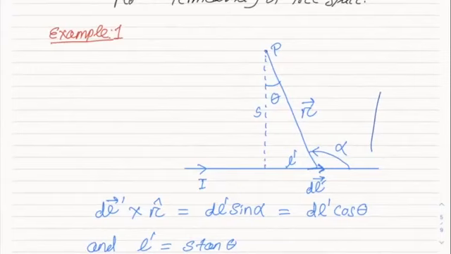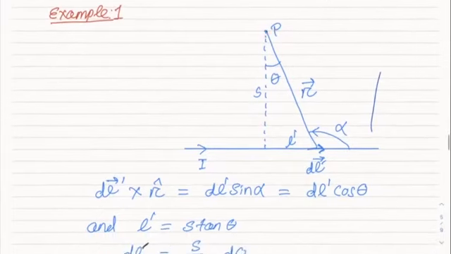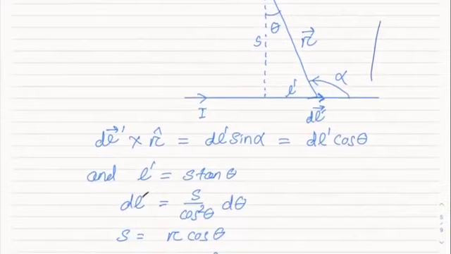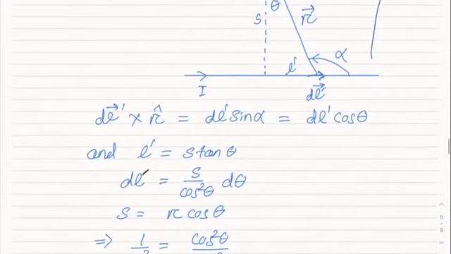So here it will be out of the page, here it will be going in. So it will be like a phi cap direction.